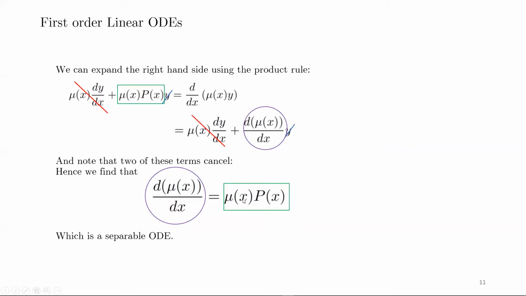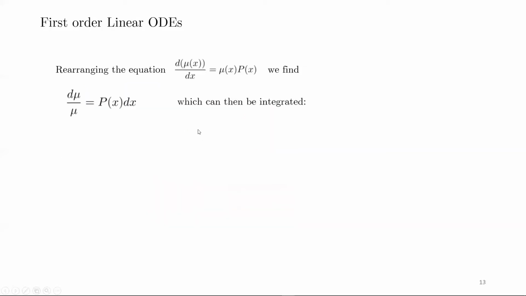So I can divide through by mu of x to get all the mu terms on the left hand side, and multiply by dx to get all the x terms on the right hand side, and I get d mu over mu equals this function p from the original ODE times dx. Of course we can integrate both sides of that equation. The left hand side, we're just going to have the logarithm of mu. The right hand side is going to depend on the specific function that p is.